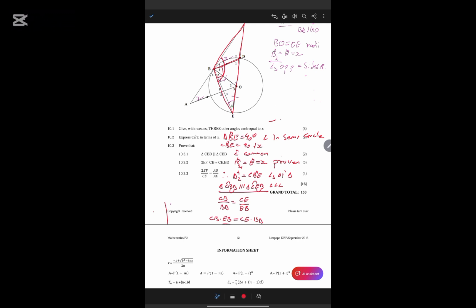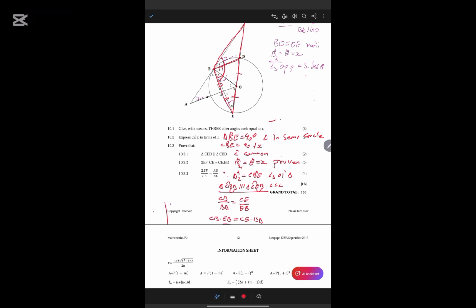If I use the midpoint theorem, I know that OD is equal to OE, radii of the circle. Now, if those are the radii of the circle, they are equal, and the line OA is parallel to BD. So the converse of the midpoint theorem says a line through the midpoint of a side of a triangle parallel to another side bisects the third side. Therefore, BF is equal to FE.